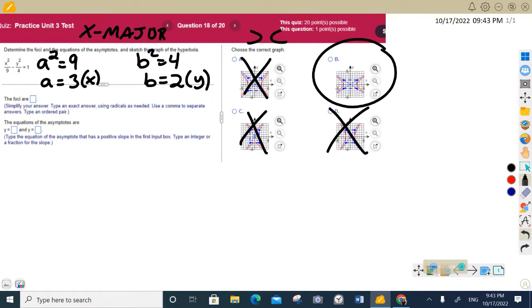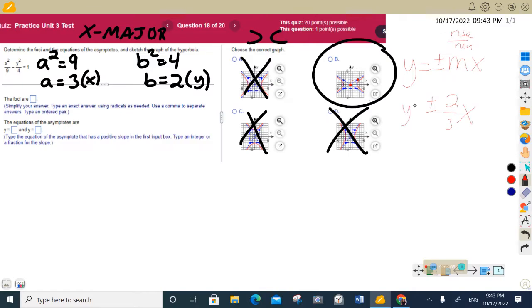Okay. Let's do the asymptotes first because they're easier. So remember, we've got y equals plus or minus mx plus b, but b is 0, so I'm not even going to worry about that. Let's count slope. Remember, slope is rise over run. From the center to that point there, I'm going to rise up 2, so my rise is 2, and I'm going to run right 3.